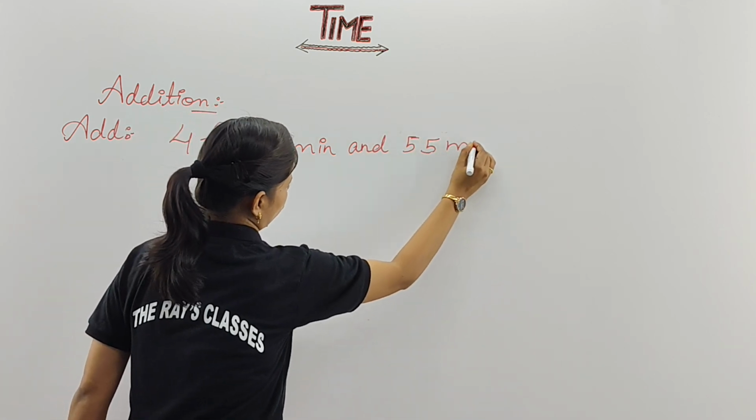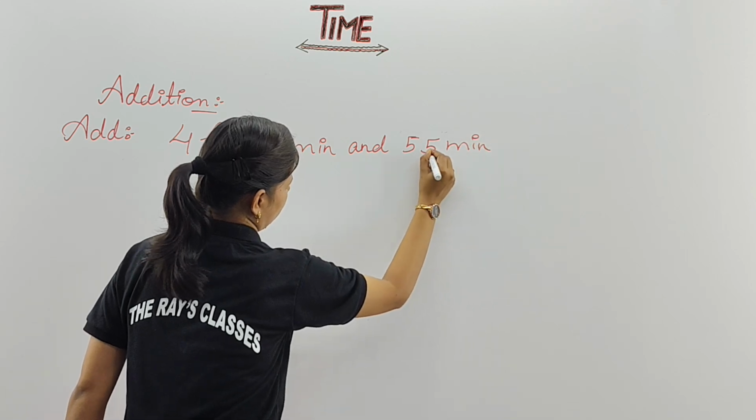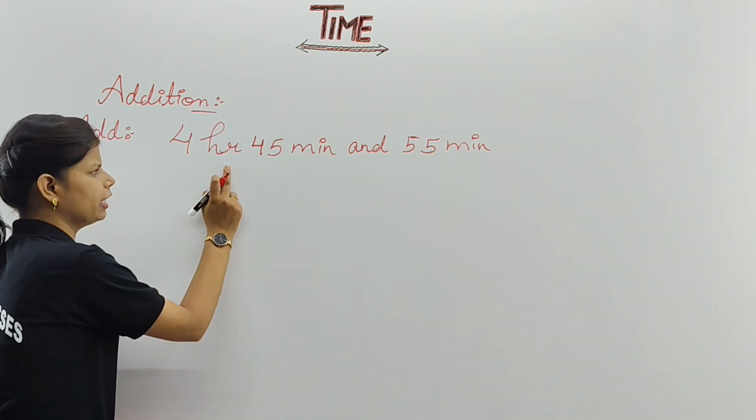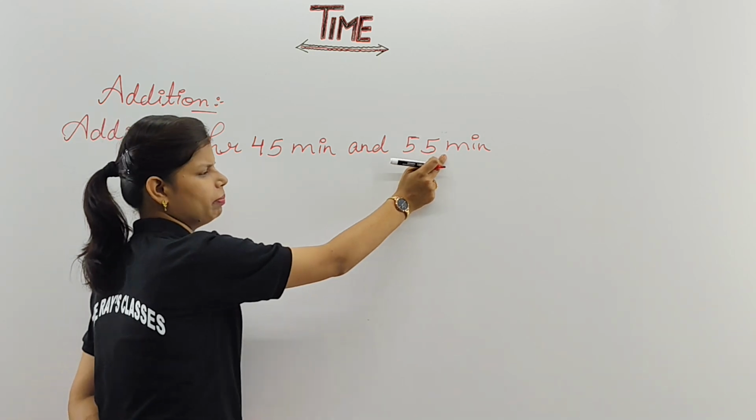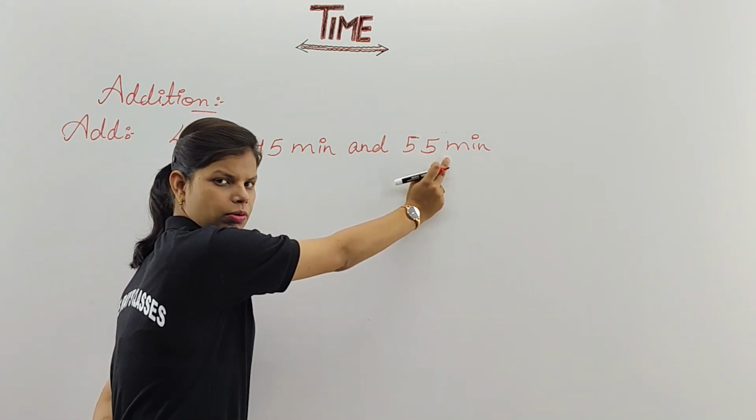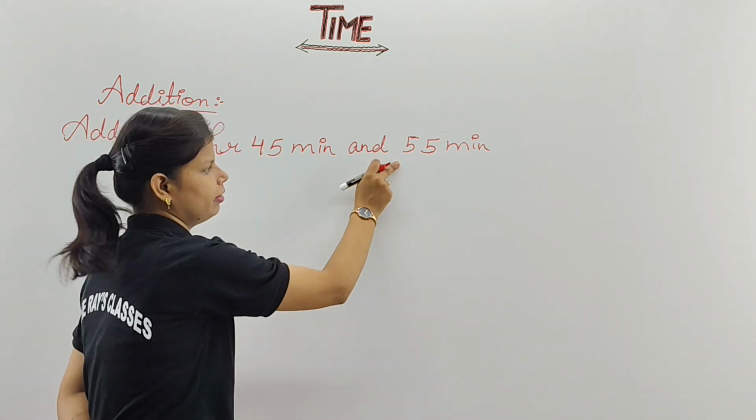Now please take a look at this question. In the question itself, written here it will be hour, but here it will be minute only. That means the hour part is missing, no? And this is less than 60.